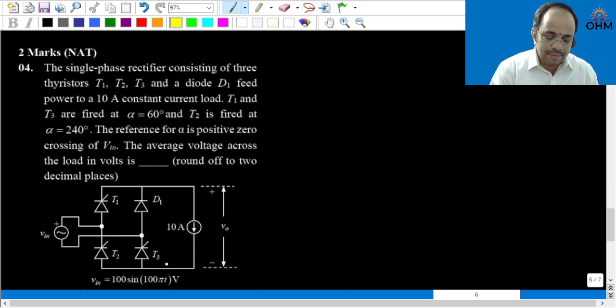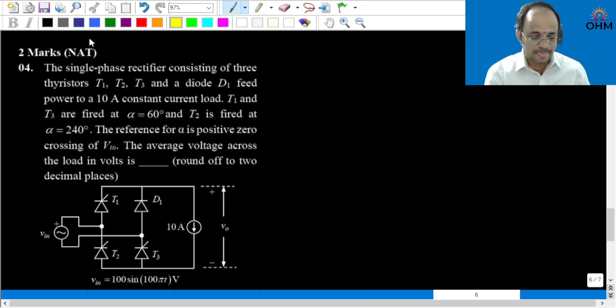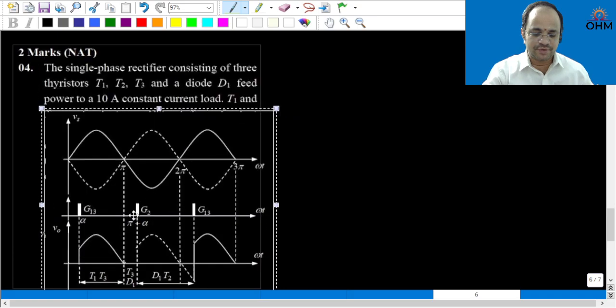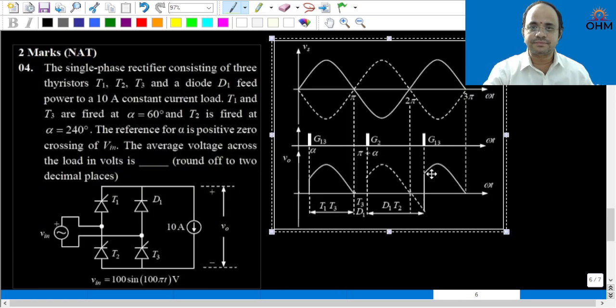Next, at pi plus alpha, T2 is triggered. Whenever T2 is triggered, T3 will get turned off. So already D1 is conducting, and D1 and T2 will carry conduction until 2 pi plus alpha. Therefore, with this explanation, if you draw the output voltage waveform, it looks like this.